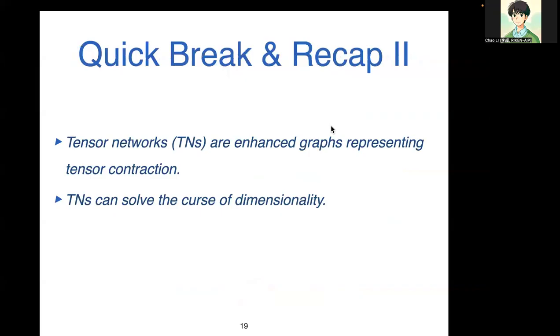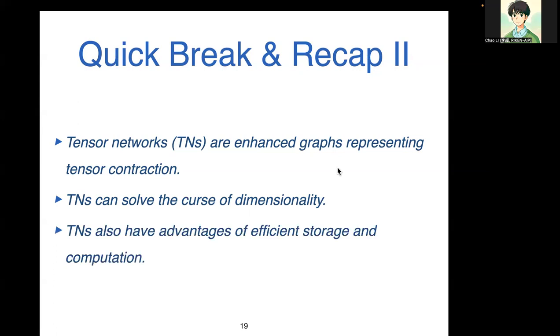Second, tensor networks give us a powerful way to beat the curse of dimensionality by breaking down massive high-order tensors into smaller and manageable pieces. And third, tensor networks are not just compact in storage. They can enable efficient computation, turning problems that were once intractable into something we can actually solve.